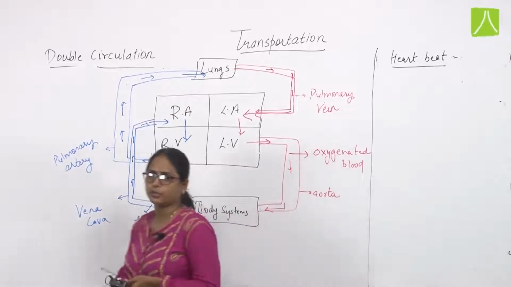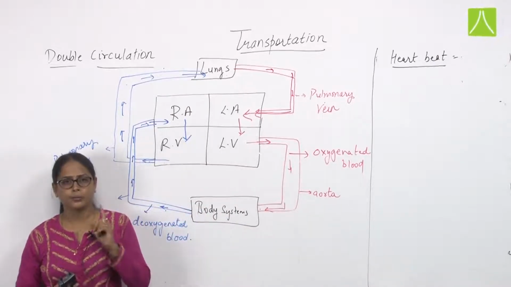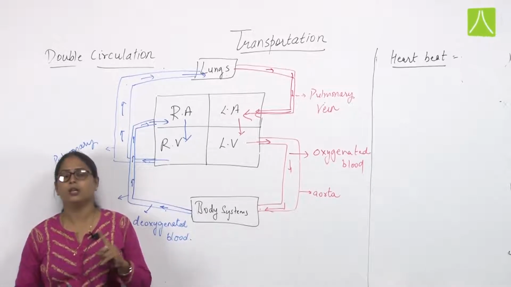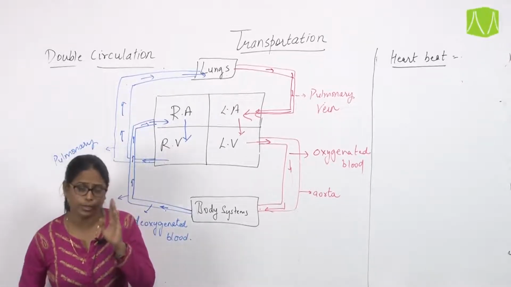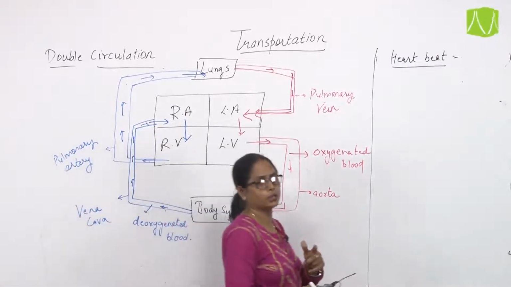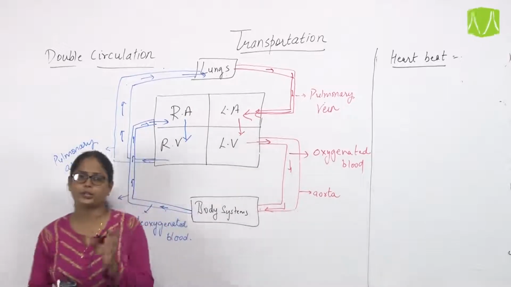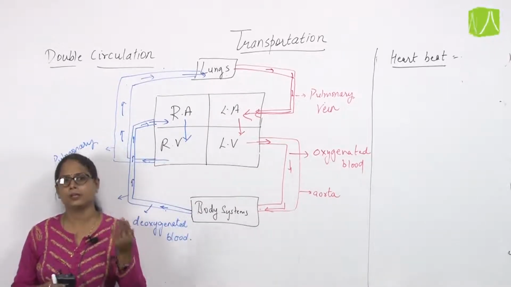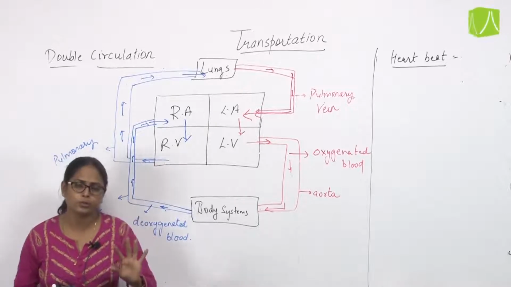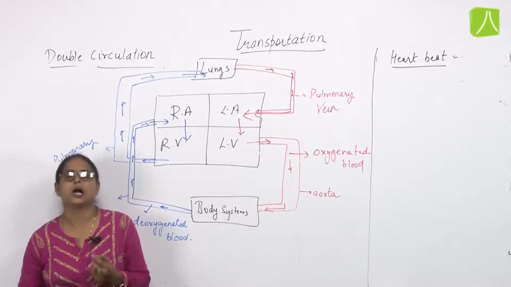We have discussed the working of the heart: one cardiac cycle, that means when the four chambers of the heart undergo their systolic and diastolic phase one time, with a duration of about 0.8 second. Then how many times it produces its lub and dub sound in 1 minute, that is known as heartbeat.